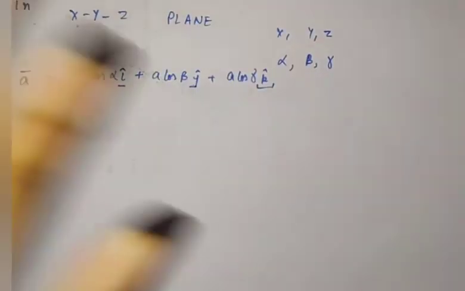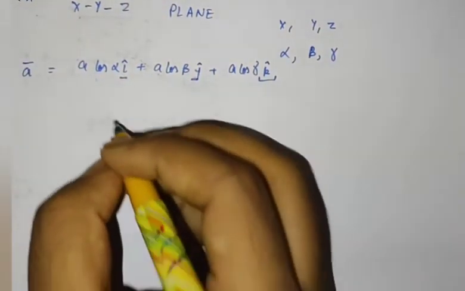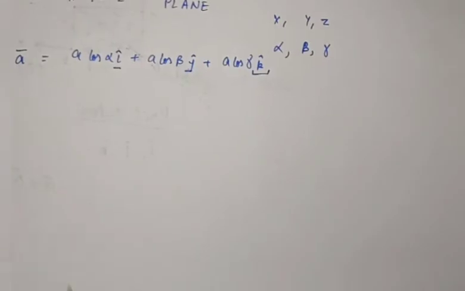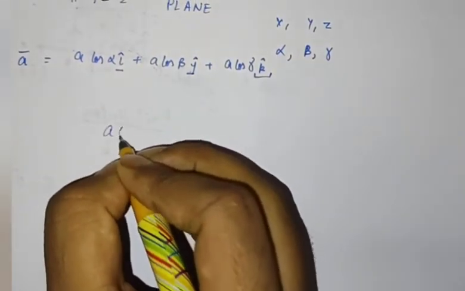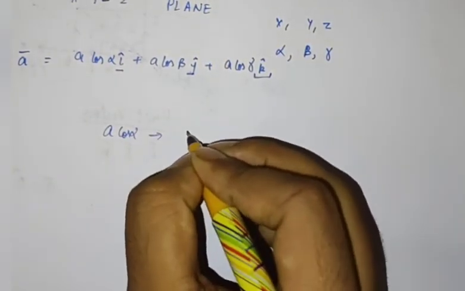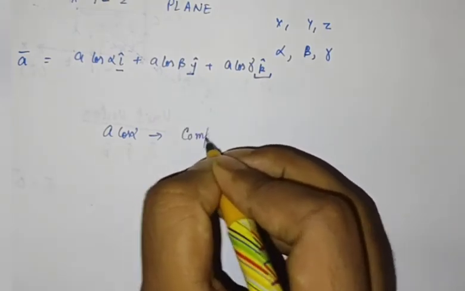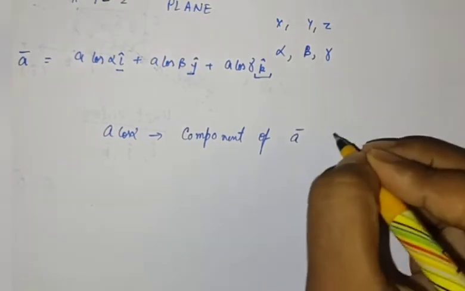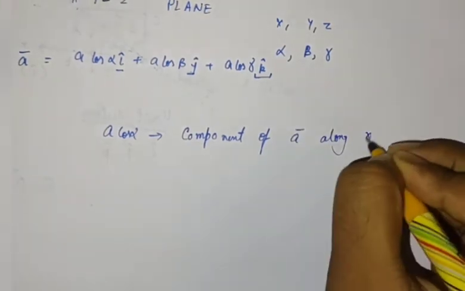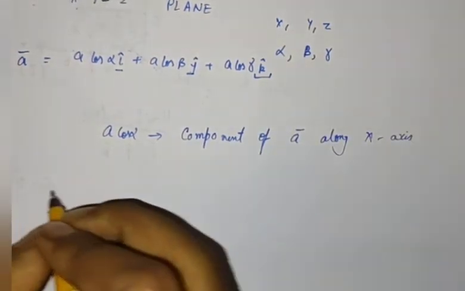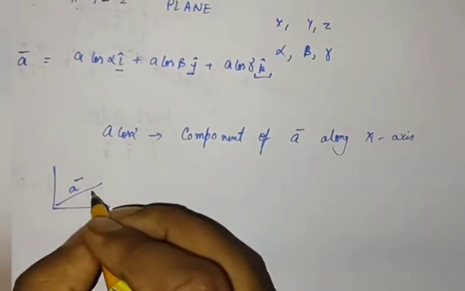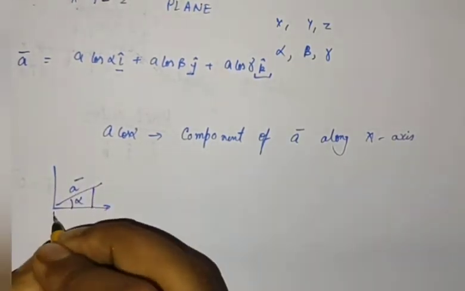Now just to quickly recap what we've studied, when we write something of this sort, the value is known as the component. So A cos alpha is the component of A along the x-axis, right? So this was something like this, we're getting like this, and this was A cos alpha.